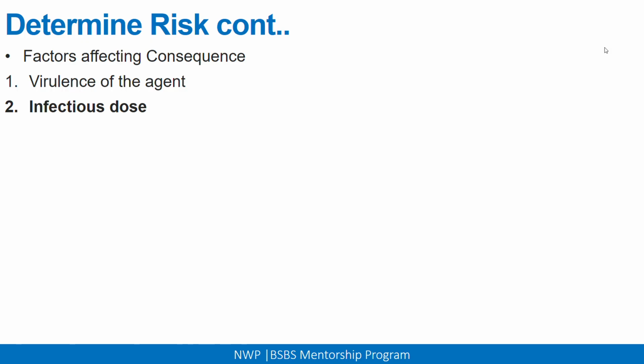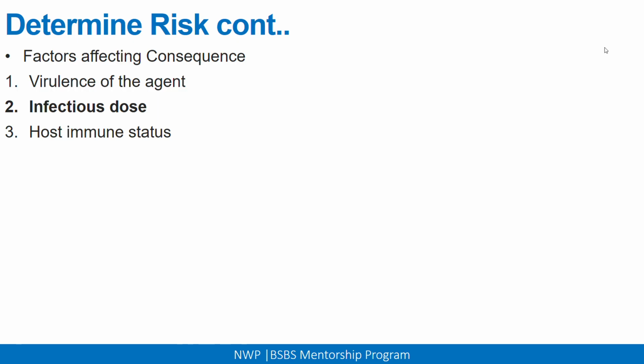So if you get exposed to a higher dose of an agent, the disease severity will be higher, because the progression of the disease will also be faster as compared to something with a low concentration or low dose.